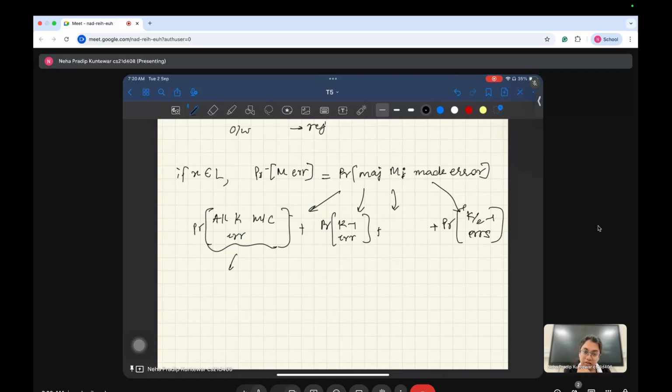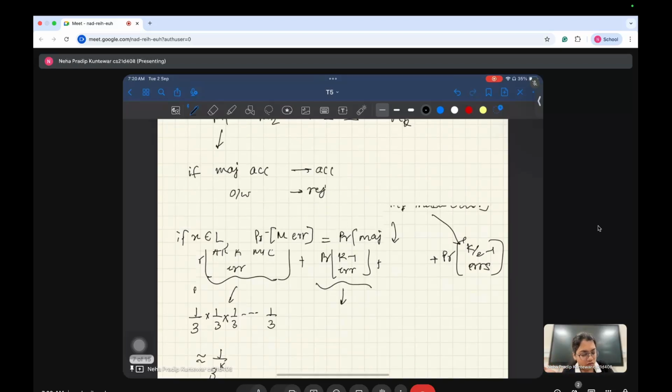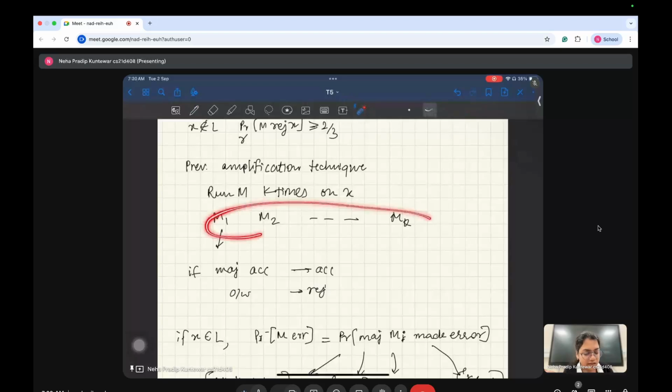What is the probability that all the k machines make an error? The first machine makes an error with 1/3 probability, the second machine makes an error with 1/3, and so on. This is altogether 1/3 to the k. Now let's analyze the second one. What is the probability that k minus 1 of them make an error? This could happen if any k minus 1 of these k machines make an error.